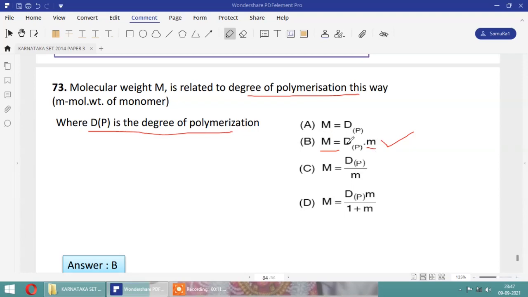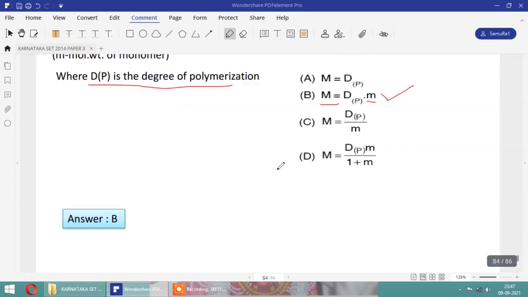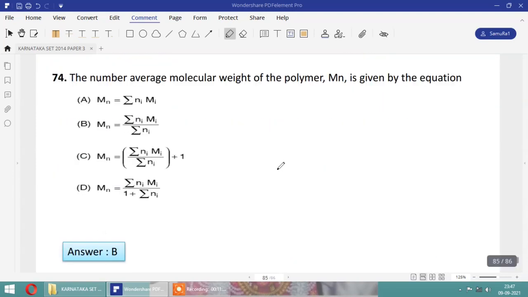These three factors are related like this. The number average molecular weight of a polymer Mn is given by the equation Mn equal to summation of Ni Mi divided by summation of Ni. Option B is correct.